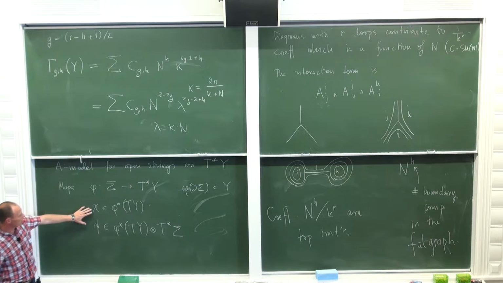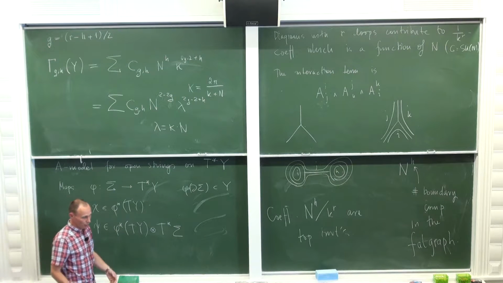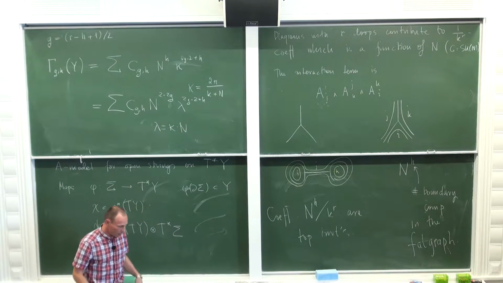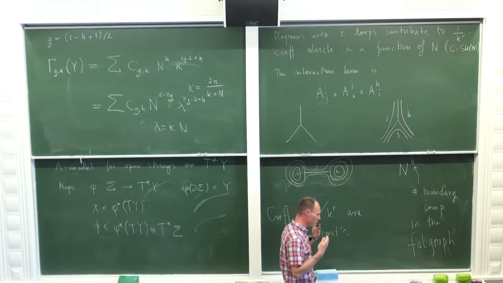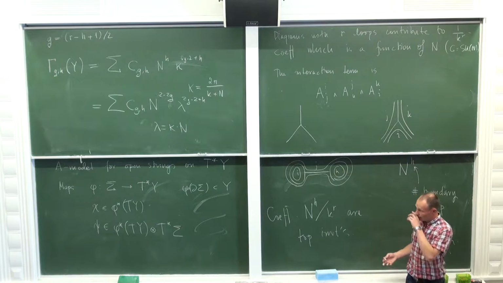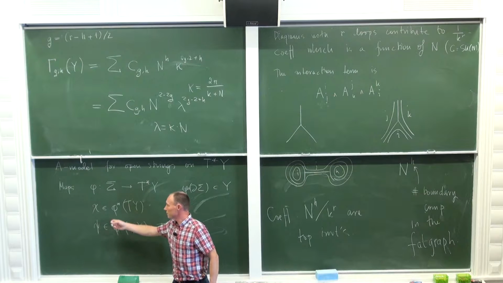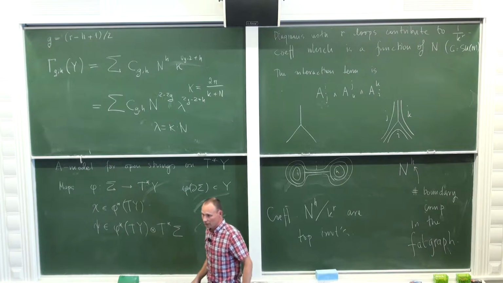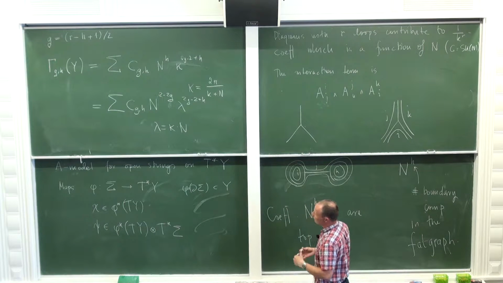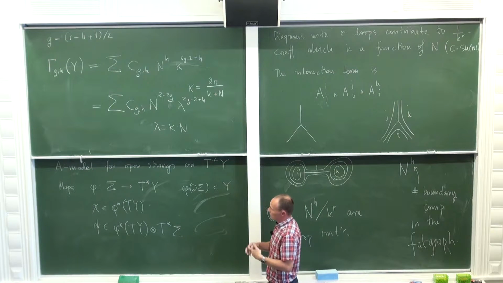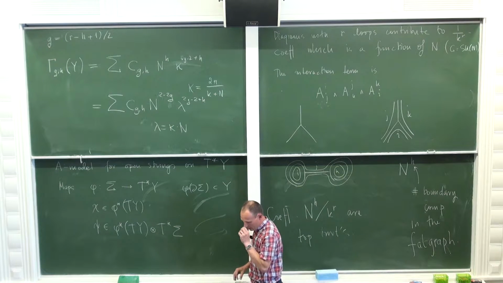But in terms of these fields, you write up an action, and with this action you write down a path integral which integrates over all such maps and also over all such fields. And then you would want to define a partition function of that theory.